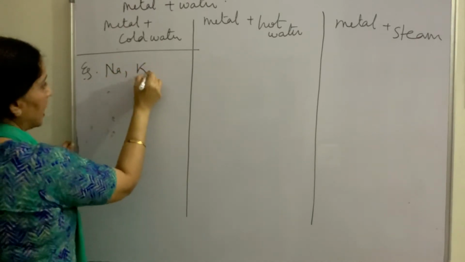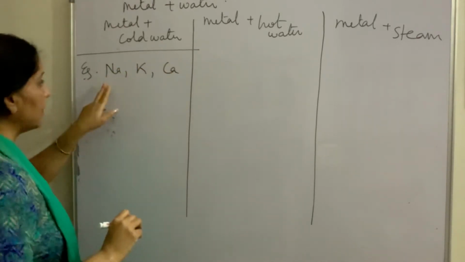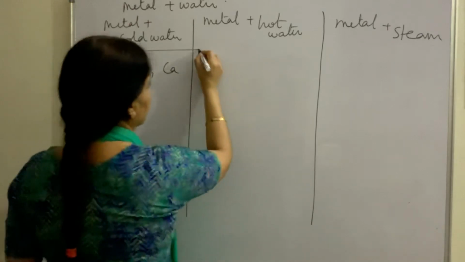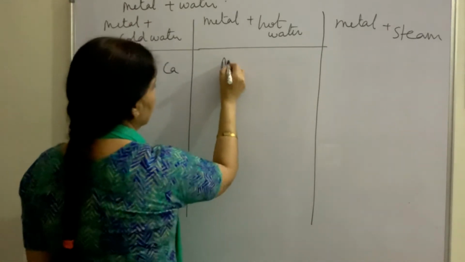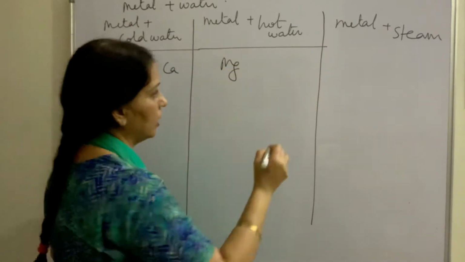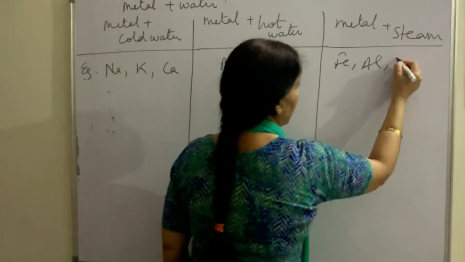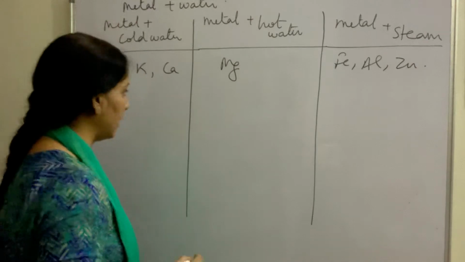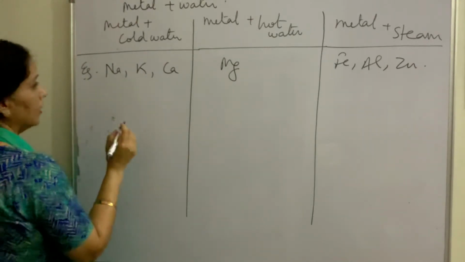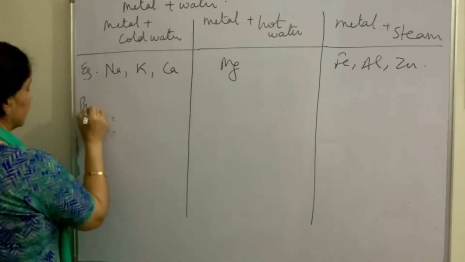What are the examples of metals reacting with different forms of water? Sodium, potassium, calcium. These metals react with cold water. On the other hand, magnesium reacts with hot water, and iron, aluminium and zinc, they react with steam. What are their products?